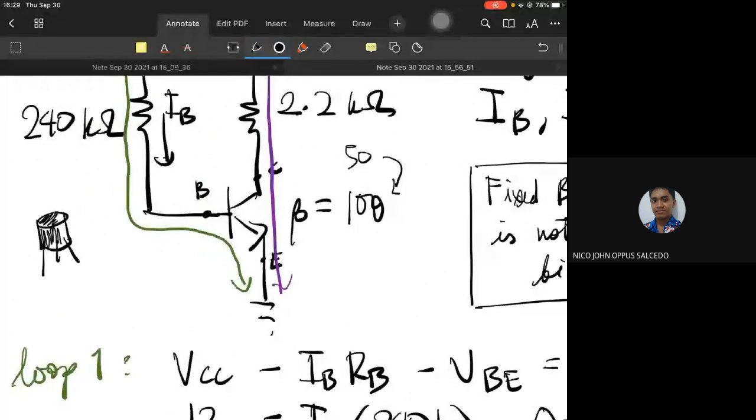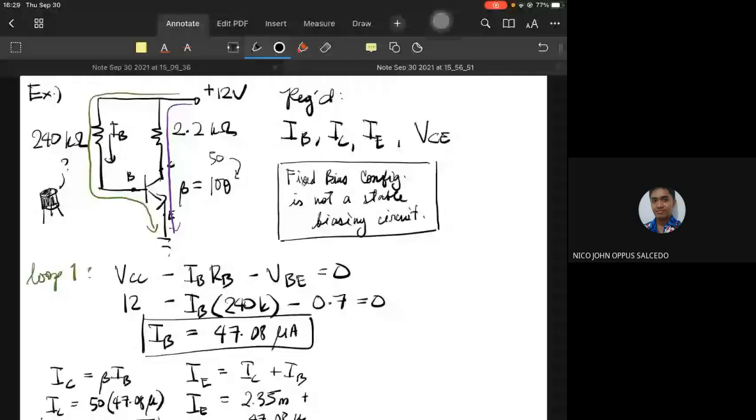So we have no way of knowing what type of transistor was used. There are other circuit configurations where, even if you replace the transistor, or even if the value of beta fluctuates, the currents and voltages do not change much. So that is for higher or more complex biasing circuits.